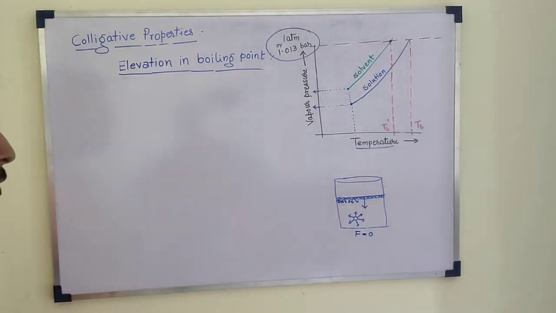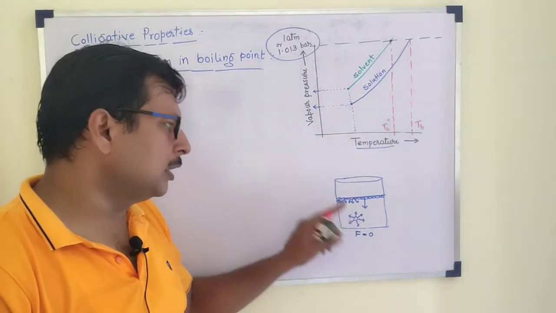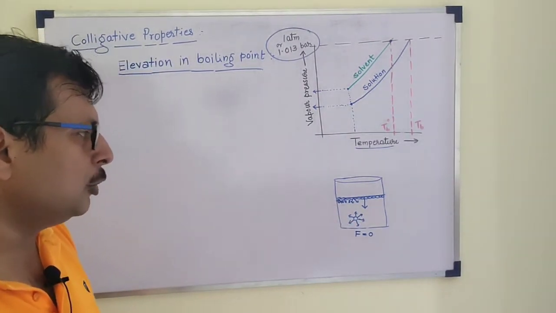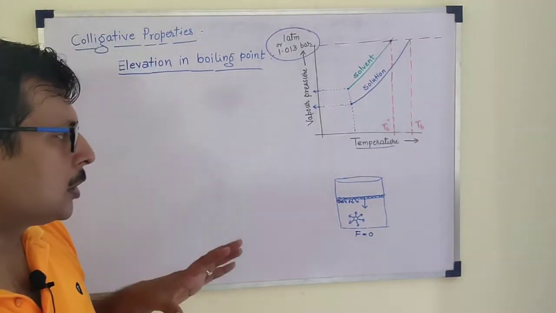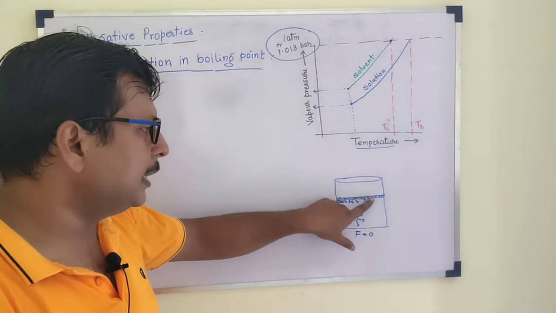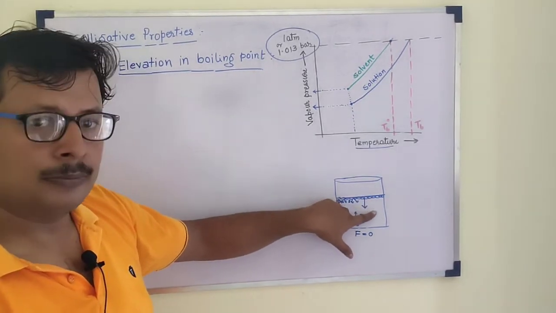The net force in the interior of the solvent is 0, but at the top of the liquid, there is a net downward force.